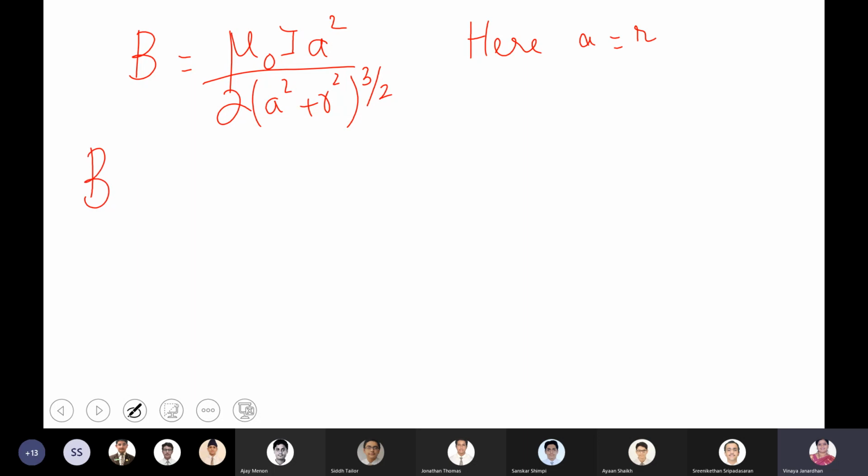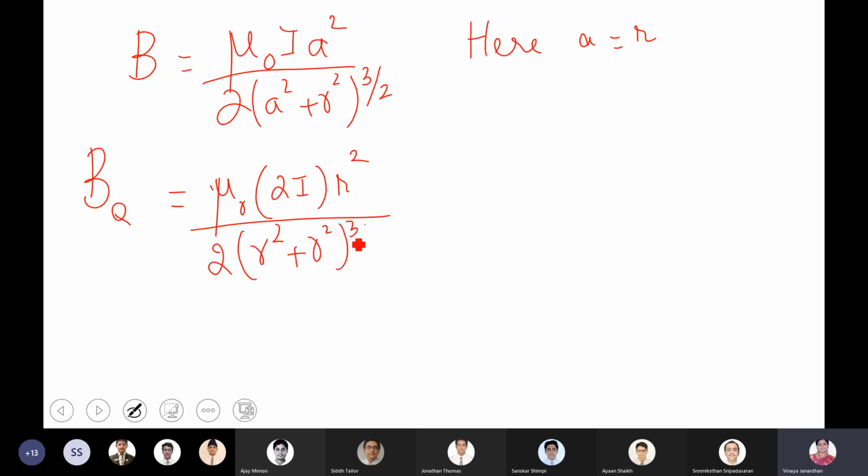So now I'll go for BQ. BQ will be equal to mu naught, the current flowing through it is 2I, A becomes R squared, 2 into R squared plus R squared, the whole power of 3 by 2. So now this becomes mu naught into 2I divided by R squared by 2, what will be that, boys?